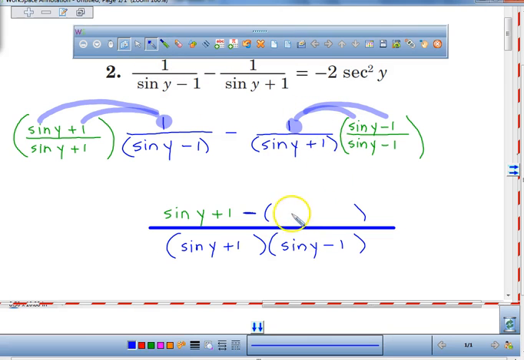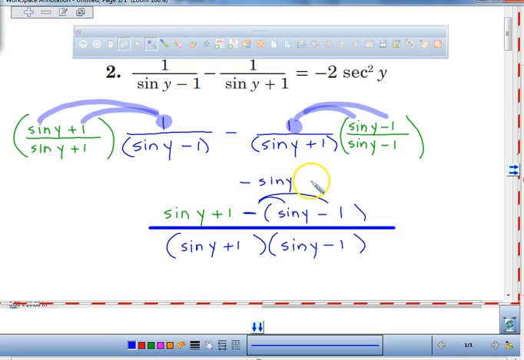So now we're going to get the sine of y minus a 1. Because 1 times the sine of y is the sine of y. 1 times the negative 1 is a negative 1. But I have to distribute that negative to both of those. So what's going to happen? This is going to become a negative sine of y, and that's going to make this a positive 1.